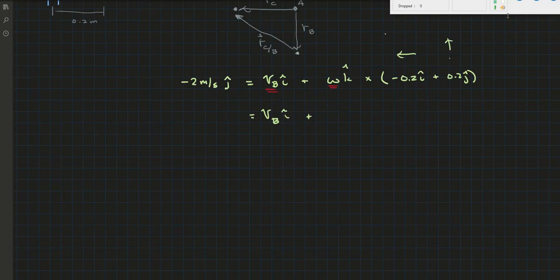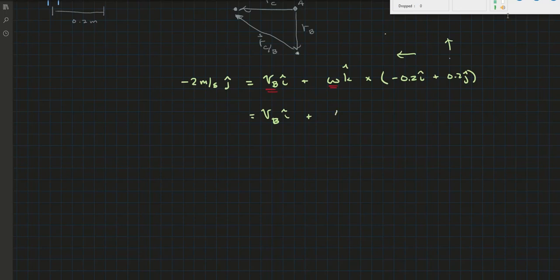Now, if you look in the back of your Hibbeler book, you'll see there's a section on cross products. There certainly is one on cross products and operations in cross products. So we've got a simple vector here that we take omega and cross that simple vector. So we can distribute this.